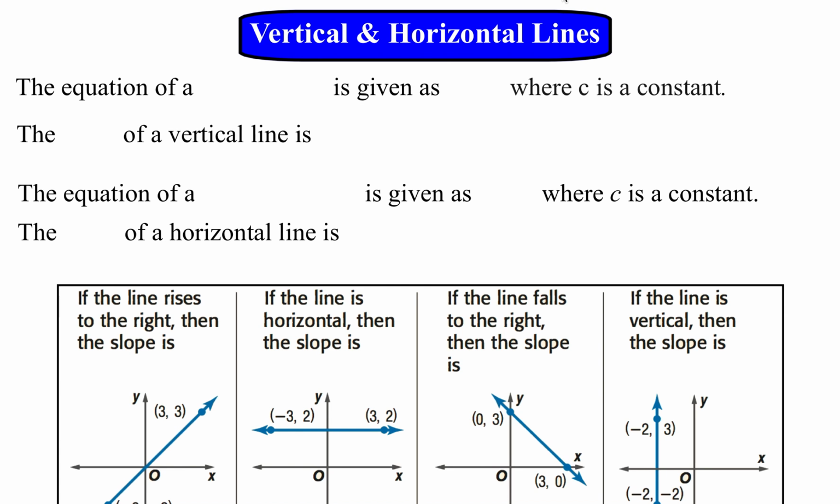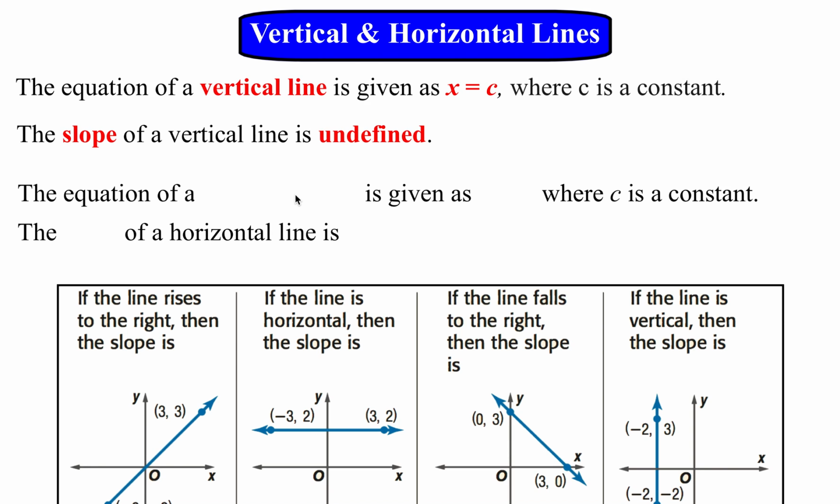Vertical and horizontal lines. The equation of a vertical line is given as x equals c. So it's just x equal to a number. C is a constant. The slope of a vertical line is undefined. Okay, vertical lines have an undefined slope.